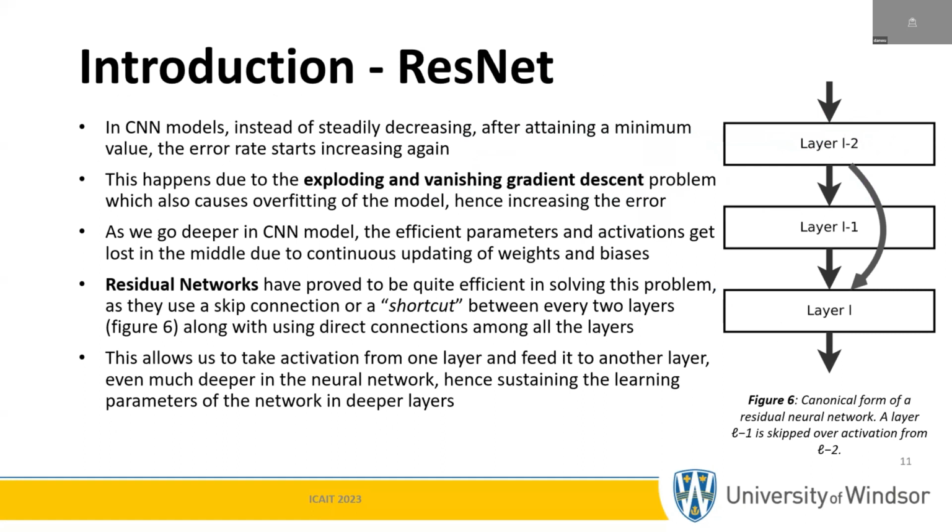As I mentioned, ResNet tries to solve the exploding or vanishing gradient problem. Neural networks have been around since the 60s of the last century, but did not gain traction until maybe 15 or 20 years ago.